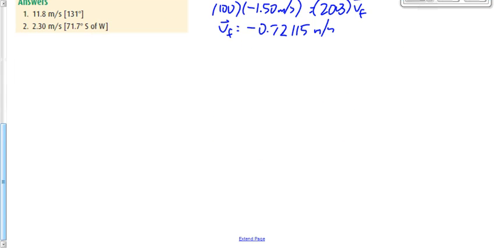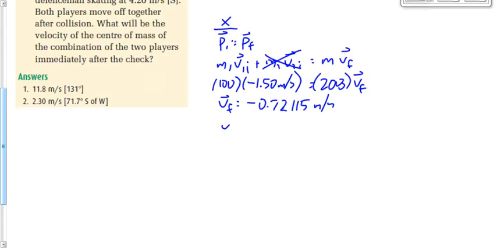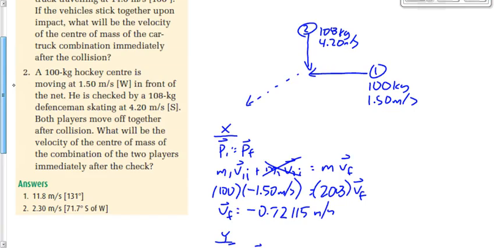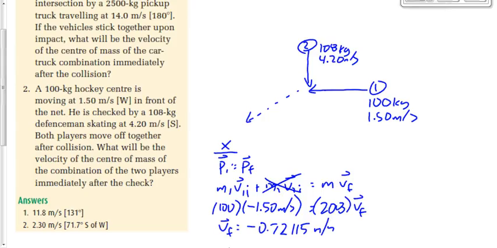Let's do the Y component now. Once again, PI equals PF. M1V1I plus M2V2I. Same deal as before. M1 is 100 kilograms. What's V1I? What's V1I, Ali? For the Y component. Good. Okay, we're on the Y component.